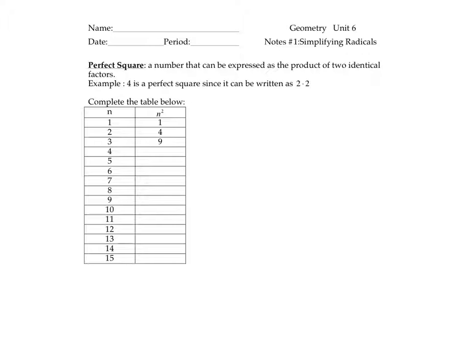So notice in the table, my first number was 1, and then 1 squared would give me 1. 2 squared is 4, 3 squared is 9, 4 squared is 16, 5 times 5 gives us 25, our next perfect square. 6 squared is 36, 7 squared is 49, 8 squared is 64, and so on. And you can use your calculator to help you out if you don't remember some of your facts.